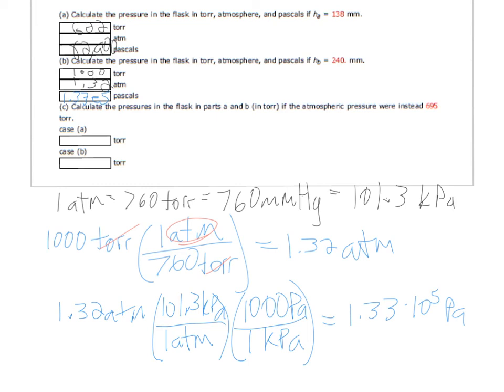We're going to do the same thing, except this time the atmospheric pressure is different. So case A, 695 torr minus what they had given as the height difference between the two sides of the mercury, 138, and we arrive at 557 torr.